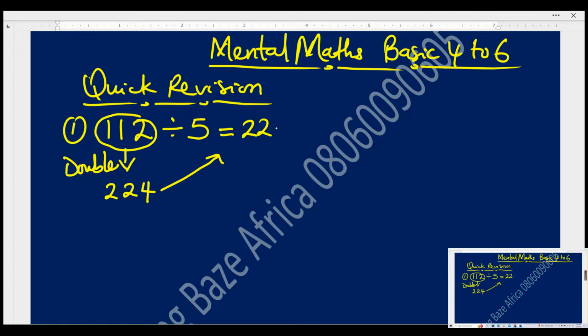So that will make it 22.4. So 112 divided by 5 is equal to 22.4. This is how to think it when you're meant to do it in your head. You need to double that number that is to be divided by 5, then introduce a decimal point before the last digit on the right.